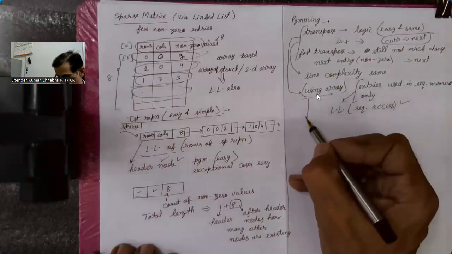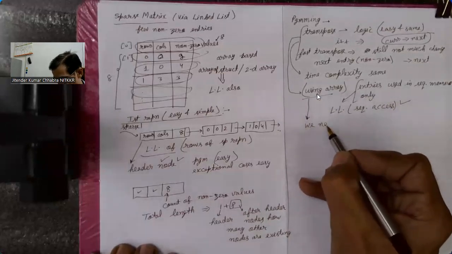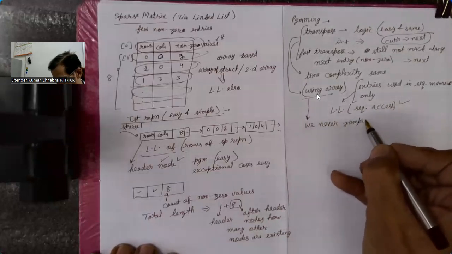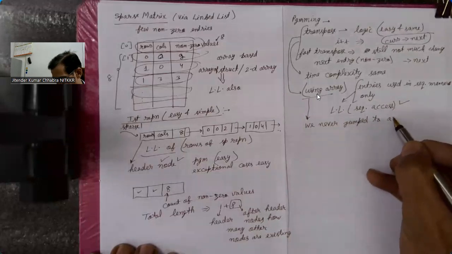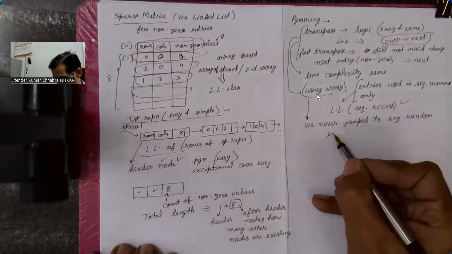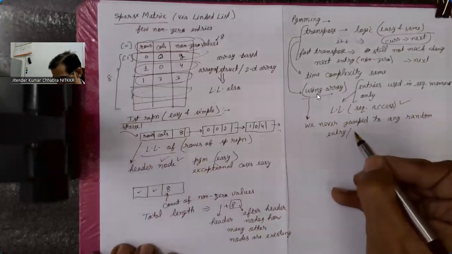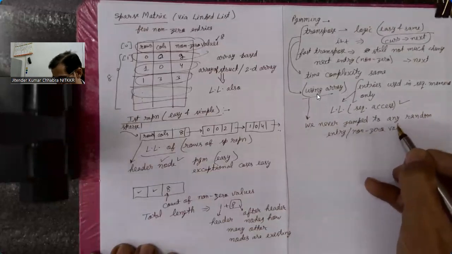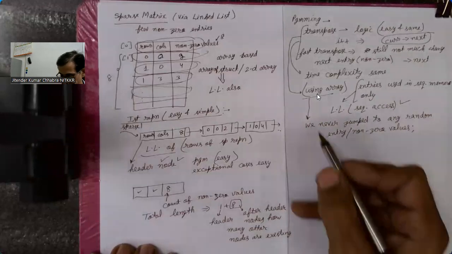But using array also, we never jumped to any random entry. We never had a direct or random access to any random entry or any random non-zero value. We all went sequentially, and hence all things will become simple.